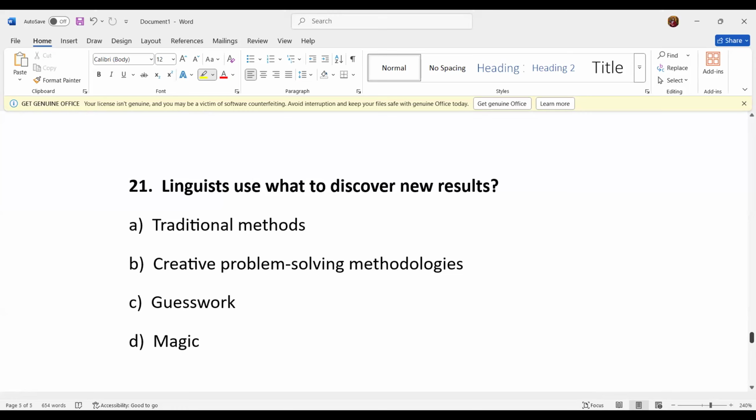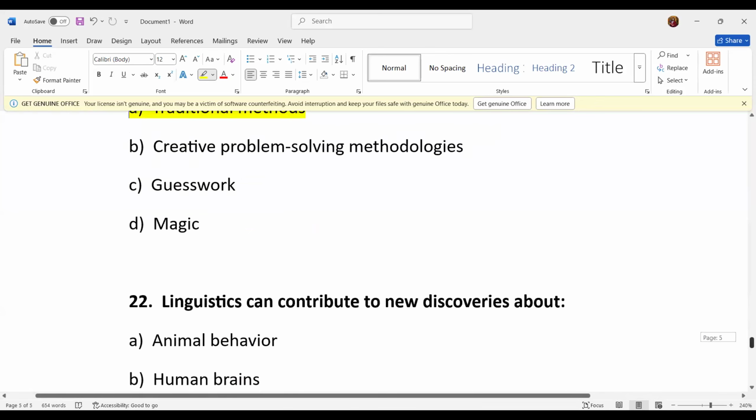Linguists use what to discover new results? Yes. Okay, answer A. Yes, you have answered as answer A. That is the correct one. Number 22.